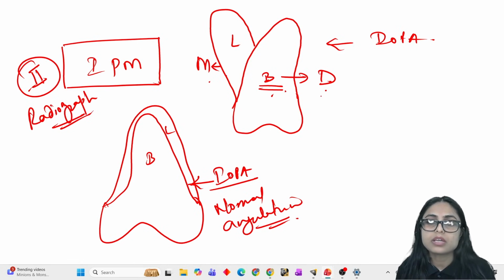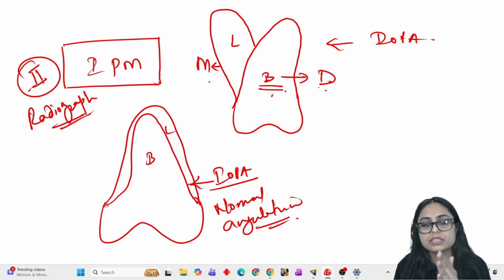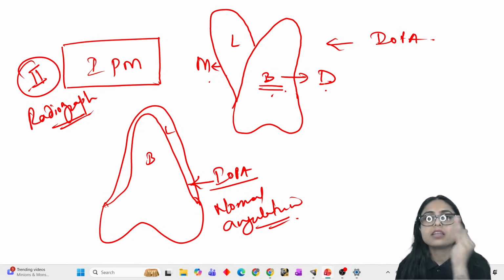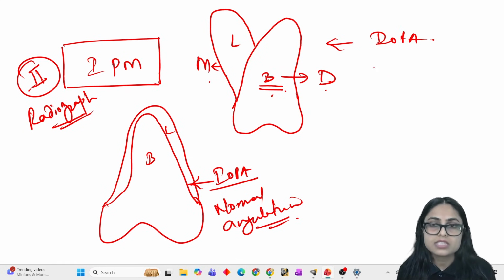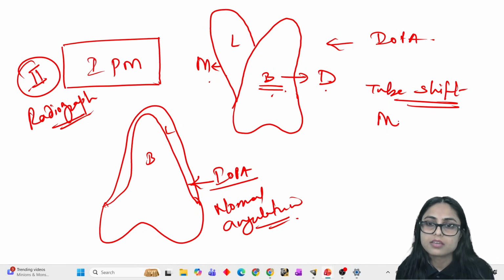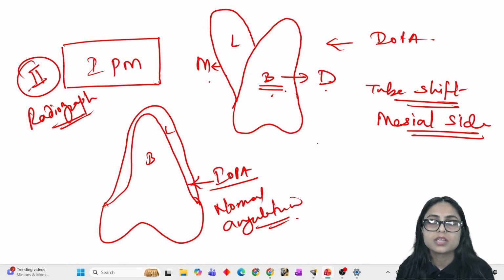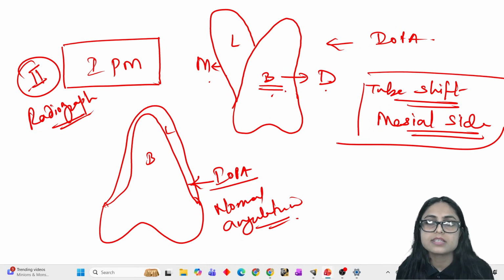Your buccal root is appearing a little distal to the lingual root. That means the tube shift should be on the mesial side.